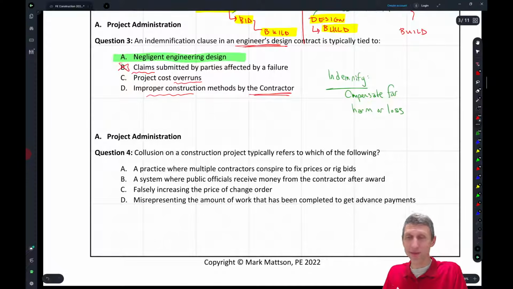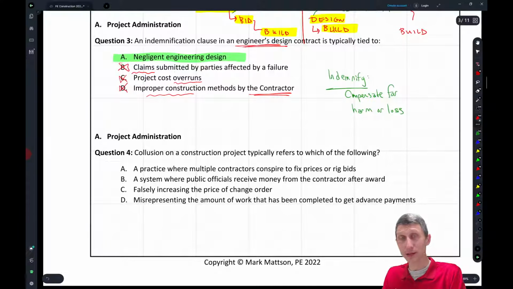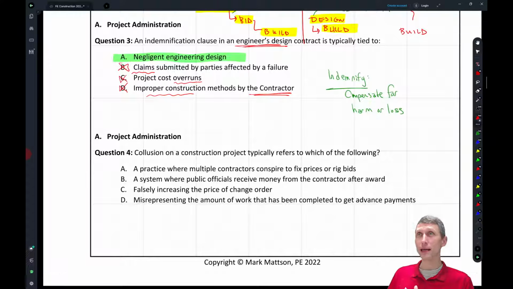Engineers can't be responsible for the improper construction methods of the contractor, right? Does that make sense? So if it's an engineer's design contract, they're not going to be held responsible for improper contractor methods. Okay, so that's where I think indemnification really needs to be tied to negligence.